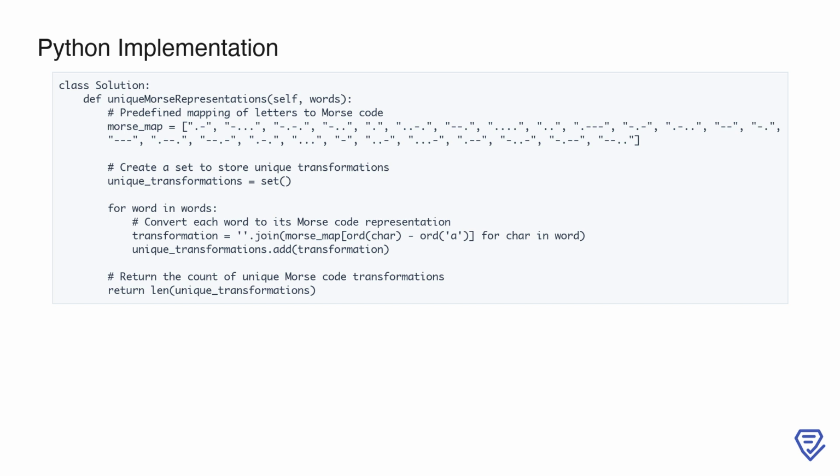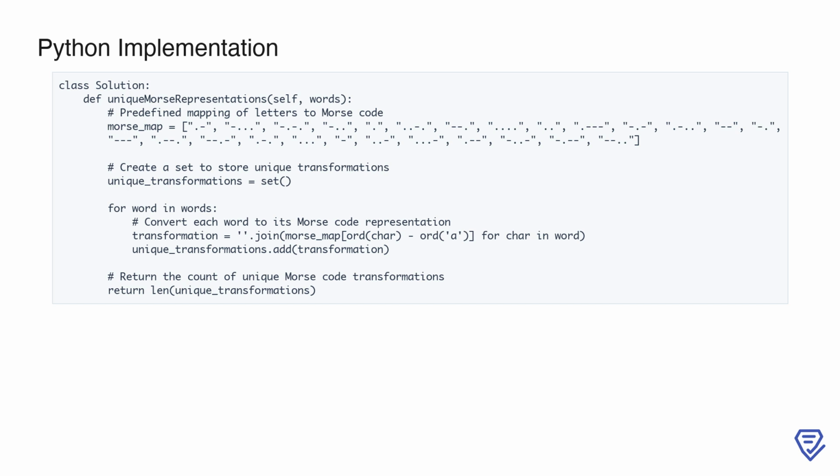Next, we create an empty set called unique_transformations. A set is used here because it automatically handles duplicates, ensuring that only unique Morse code transformations are stored. We then iterate through each word in the input list words. For each word, we use a generator expression to translate each character to its corresponding Morse code.